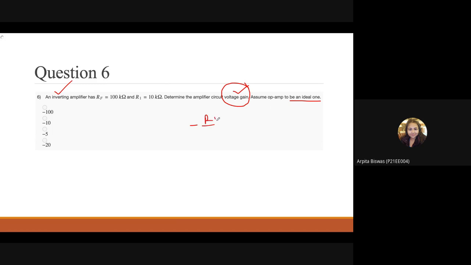Now tell me what is the right answer. So minus 100 kilo ohm by 10 kilo ohm.